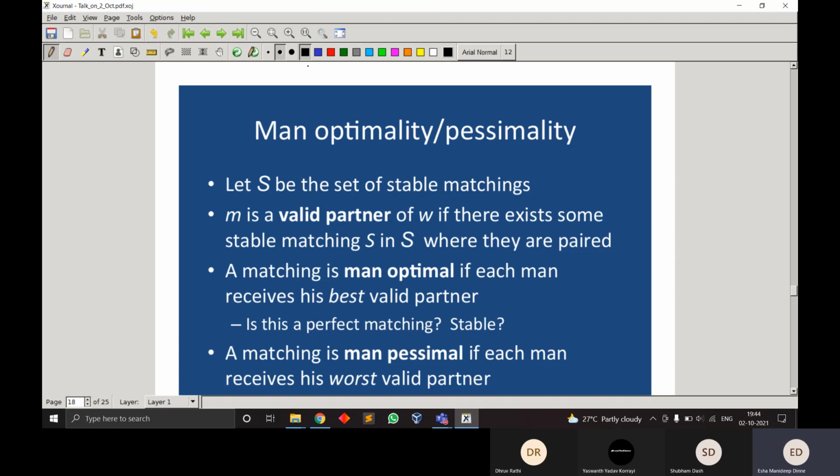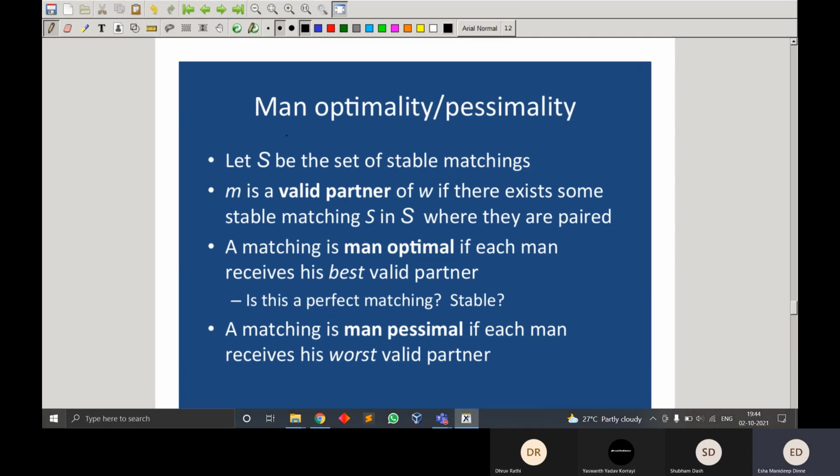Now that we confirm that there are multiple stable matchings, let S be the set of all stable matchings for the given situation. So you have n men and n women, and you have the preference lists. Let S be the set of stable matchings, and clearly we'll have at least one stable matching. Now, M is a valid partner of W if there exists some stable matching in S where they are paired.